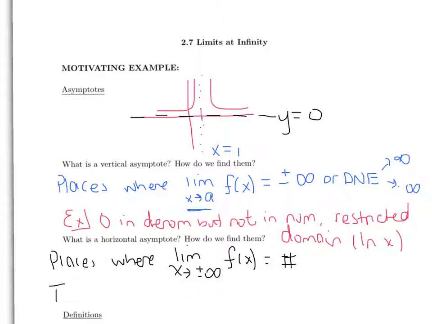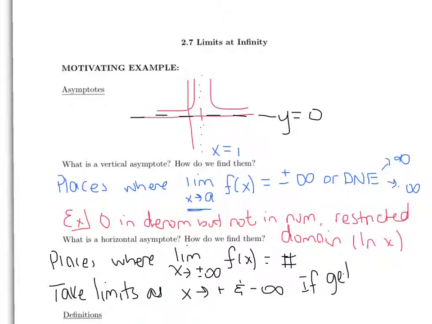So you take the limits as x goes to plus and minus infinity, and if you get a number, then you have a horizontal asymptote at y equals that number.